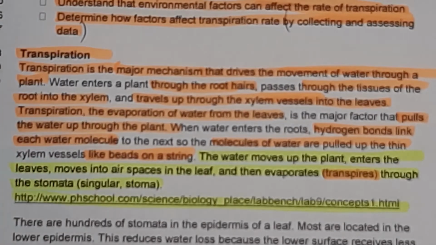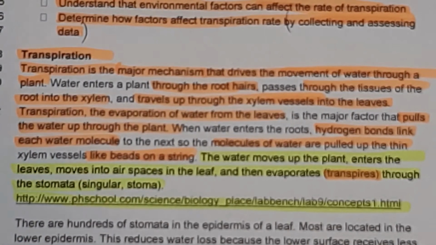So if you go to this link here, you'll get to an online lab bench activity, which is really useful. Now there's quite a bit to it. It'll take you about 15-20 minutes or so to go through, possibly longer depending on how difficult you find it. But it's really important, and it'll run you through this practical that we're not able to do today. So it explains all the key concepts.